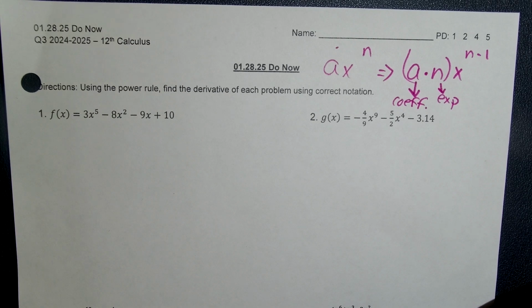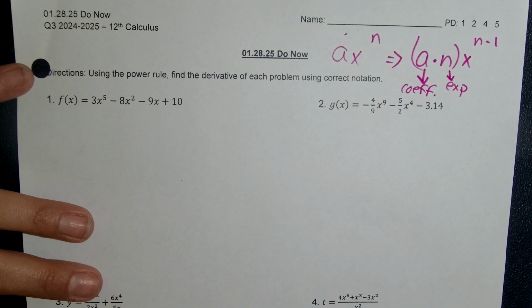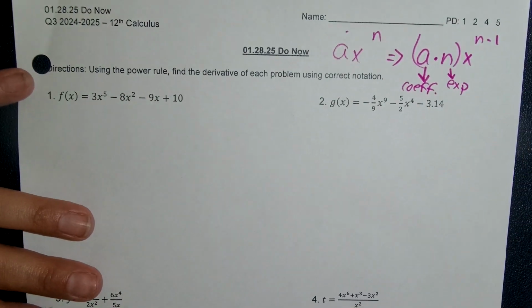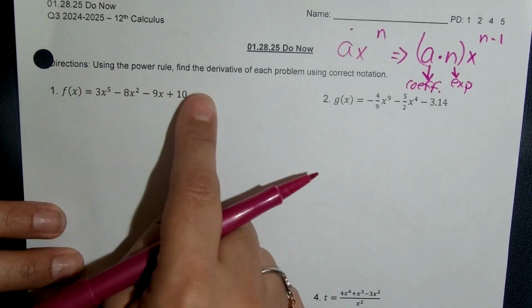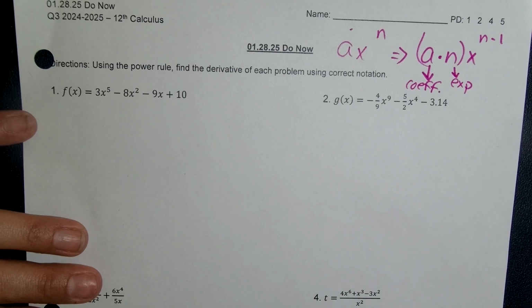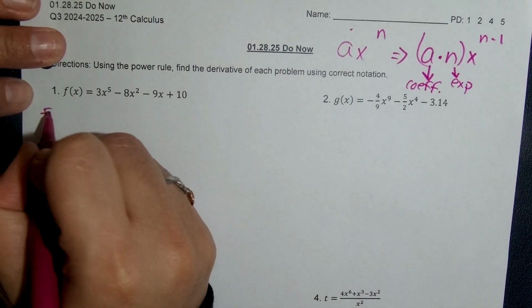I don't think I did one for do now. Okay. So we need to figure out what the coefficient is and the exponent and apply it to this. Can I get somebody to start us off for number 1? F prime of x.